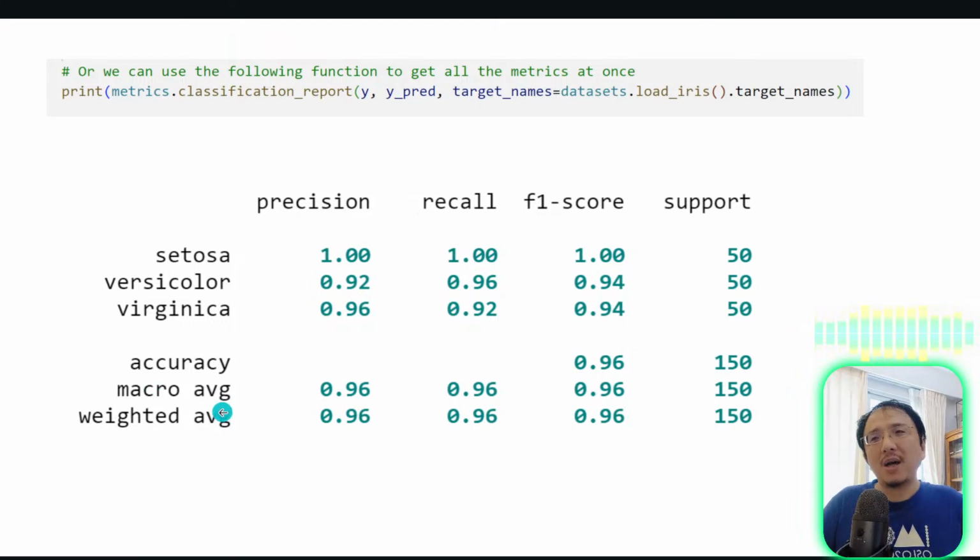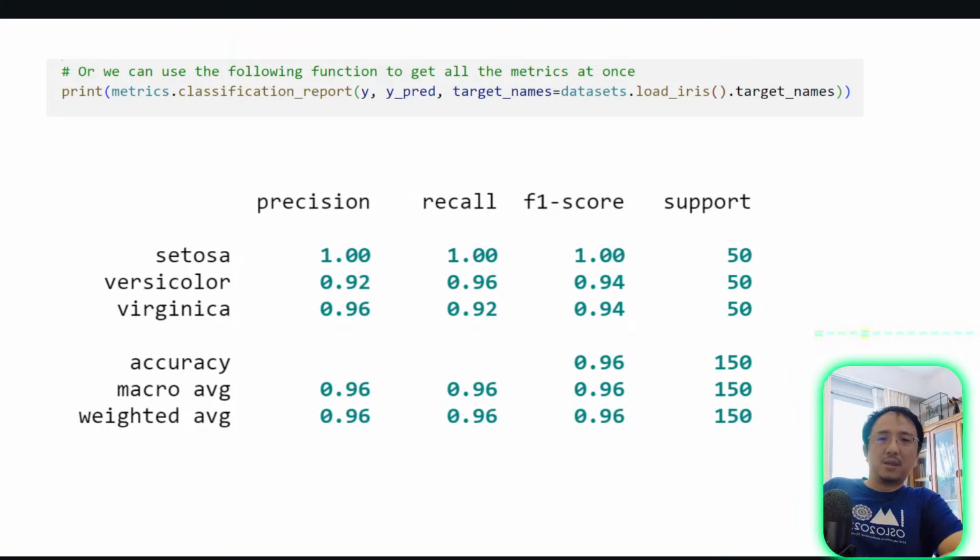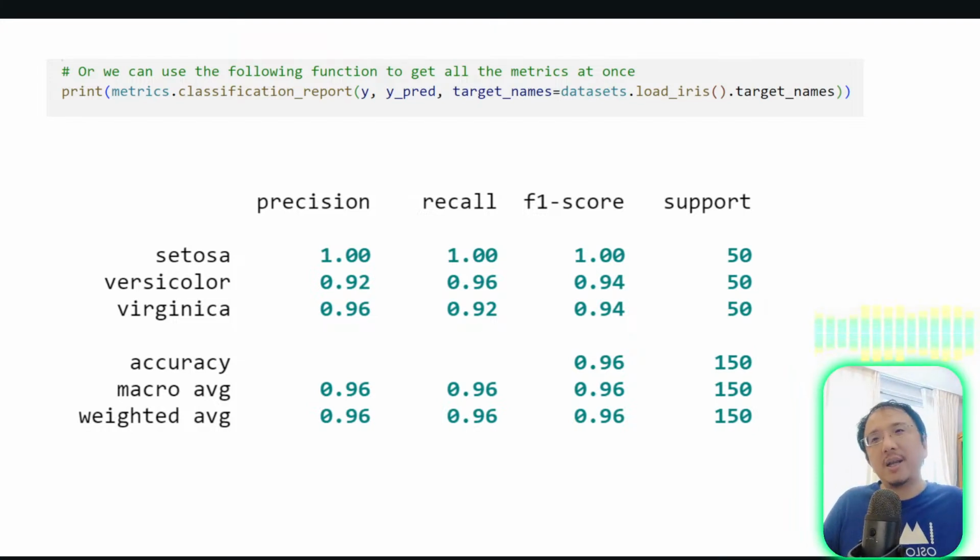So what are the macro average and weighted average? In this case we have A1 over B1, A2 over B2, and A3 over B3. The macro average is A1 plus A2 plus A3 over B1 plus B2 plus B3. That's called the macro average.